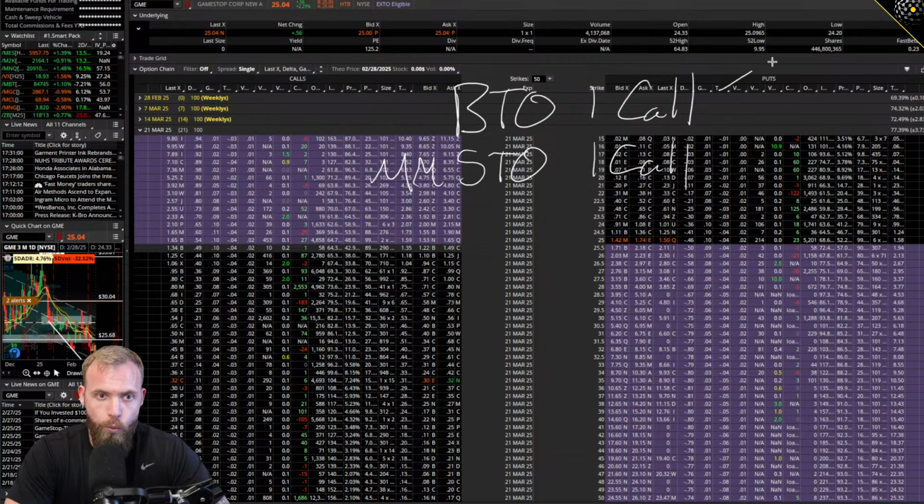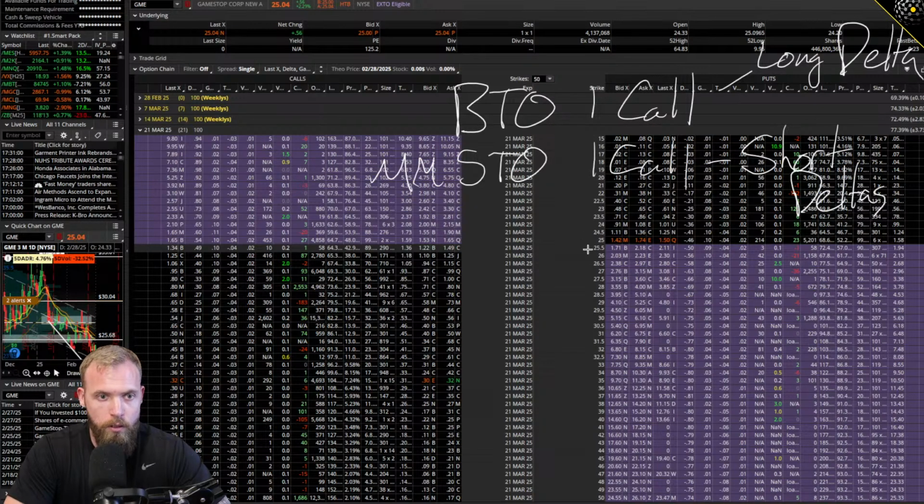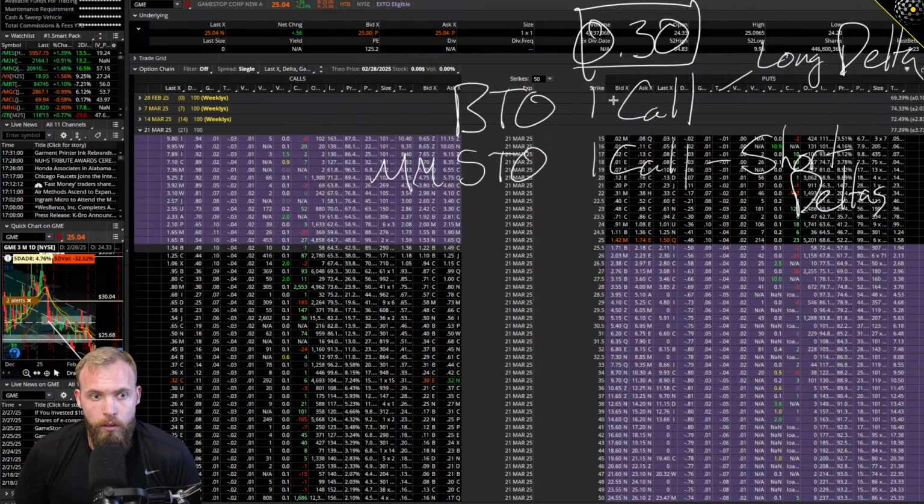So this means we are long deltas. This means these guys are short deltas. And let's say that we're talking about a 30 delta option. We assume that this market maker hedges. How does this market maker hedge? What are your thoughts?